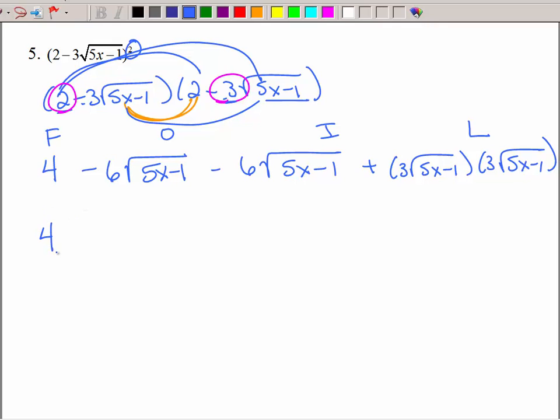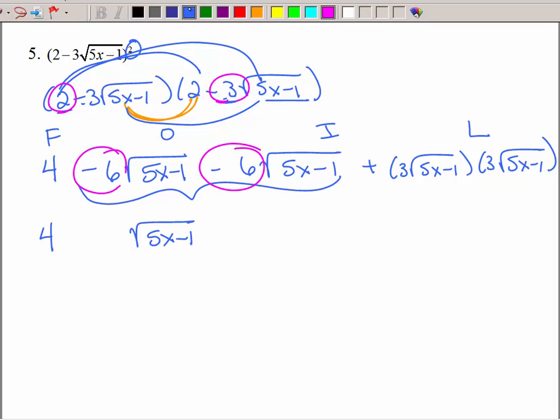Okay, I'm going to keep the 4. When you square a binomial, those middle terms are always going to be alike. So we have the same radical, and we add their coefficients, so that's negative 12. So that takes care of all of that. Now, what's this? We're multiplying. 3 times 3 is 9.